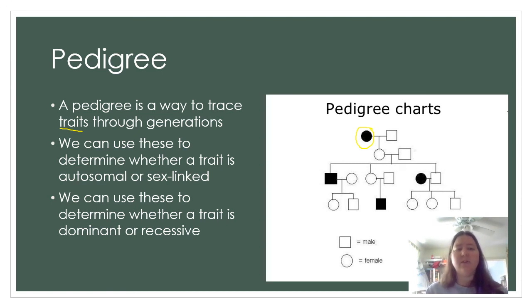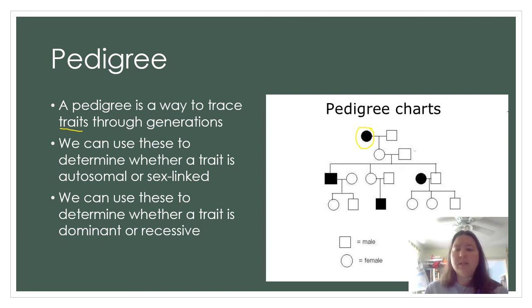And we can tell who's affected or not, if it's dominant, recessive. We can see a lot of things. Doctors still use pedigrees, especially when tracing cancer through generations, to see if it's a genetic version of a cancer or if it's an environmental mutagen type, from something in a lifestyle.